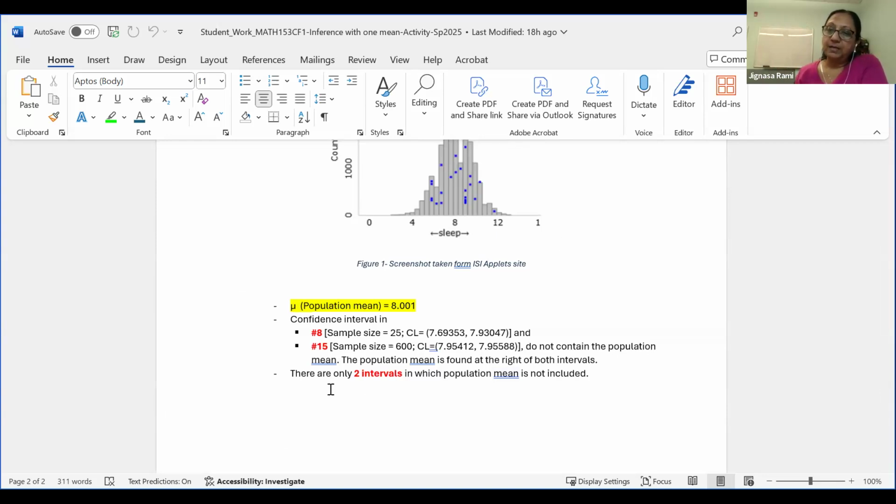I said, okay, do the greater than, do the less than, and see if it works. And I told them to pick any one of these samples as their sample and then run the hypothesis test in Argoro.